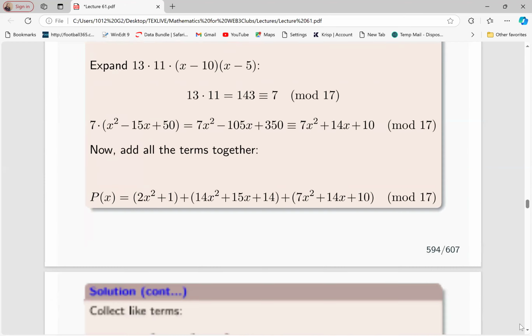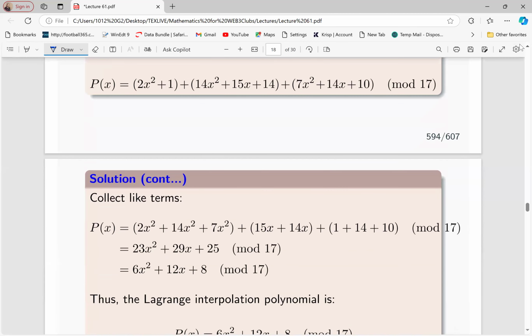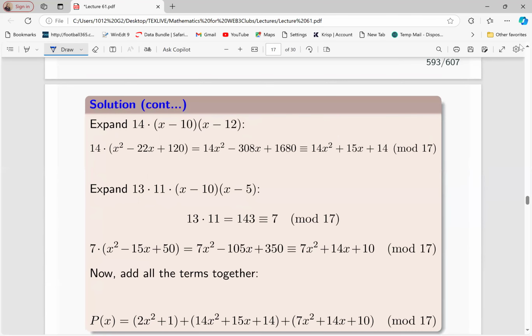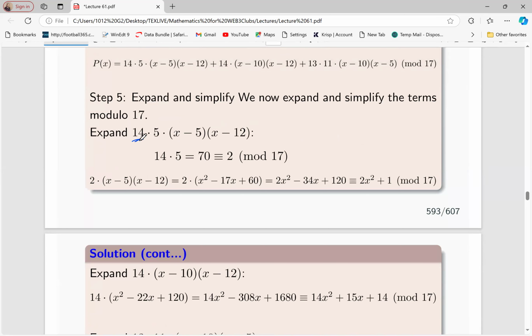I was doing the first one at this point, multiplied by 14. When you do this, it is 70. 70 reduced mod 17 is 2. So instead of multiplying by 14 times 5, just multiply by 2. That's what you see here. I multiply by 2, then simplify, and it comes to this.